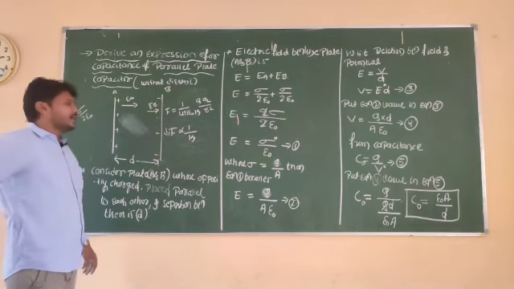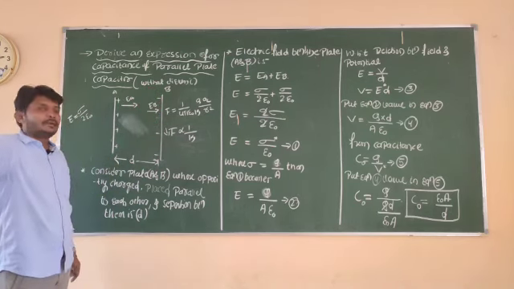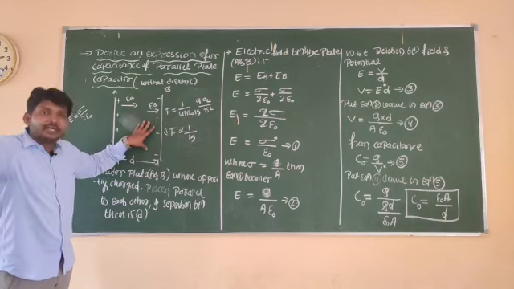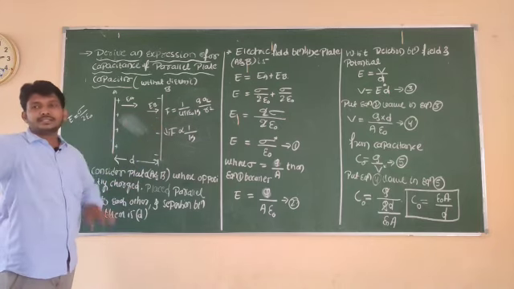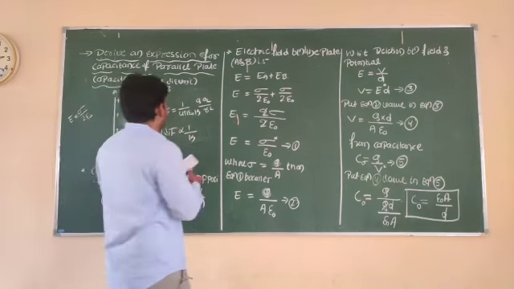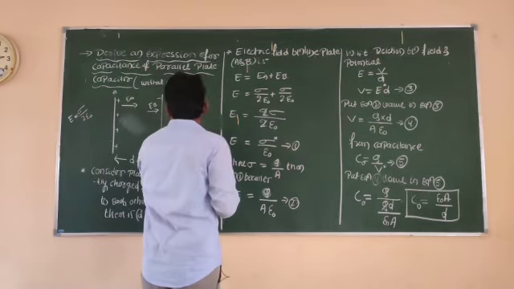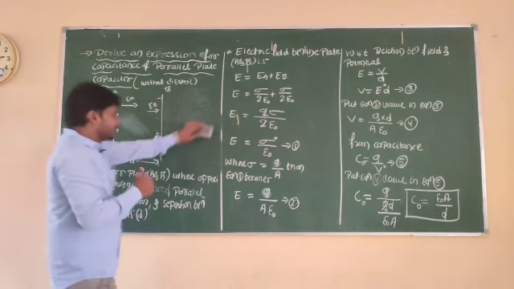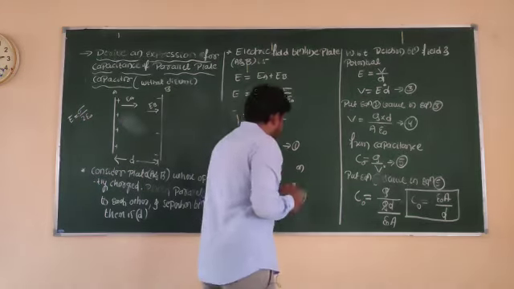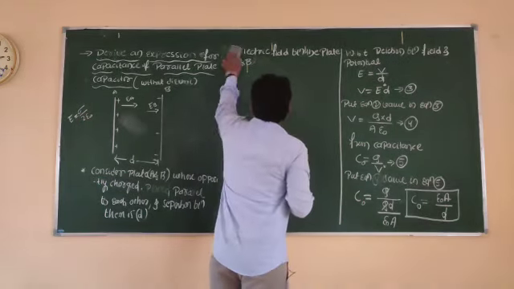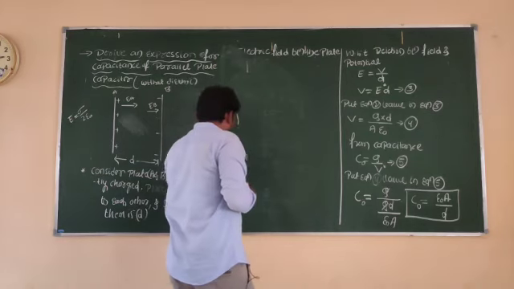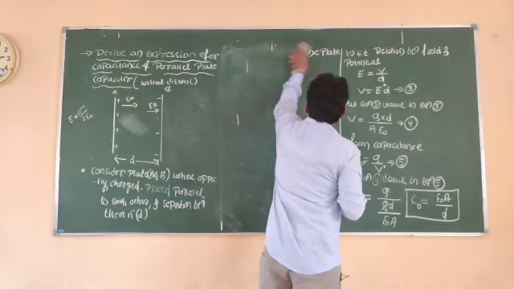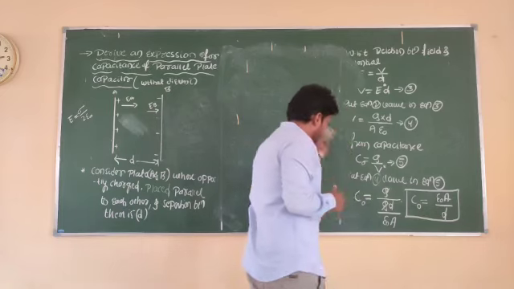Now let me understand, if I place a dielectric medium between plate A and plate B, what about its capacitance value? For that purpose, let me derive an expression for the capacitance of a parallel plate capacitor with dielectrics. In the case of a dielectric medium, what happens to the capacitance value? Whether its value will decrease or increase, I need to understand here.